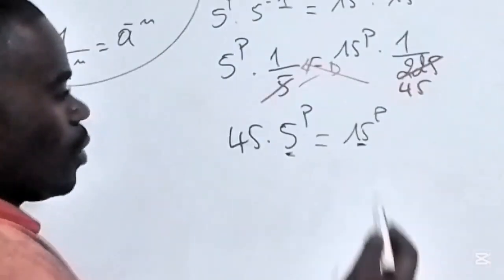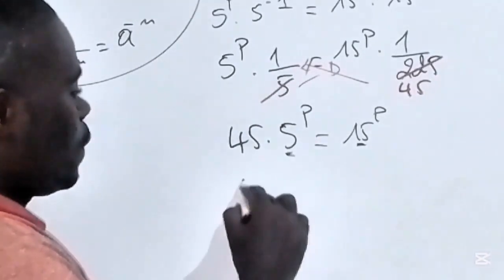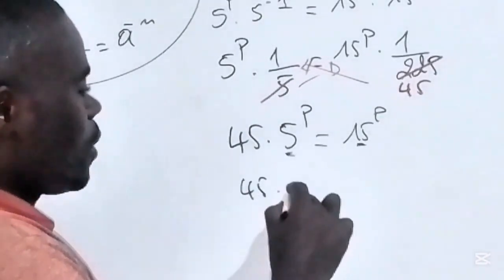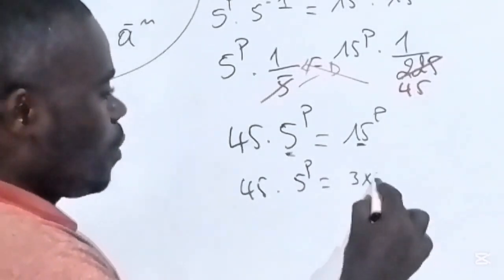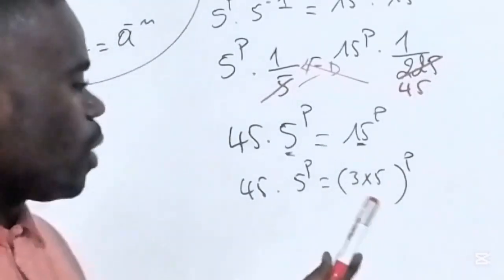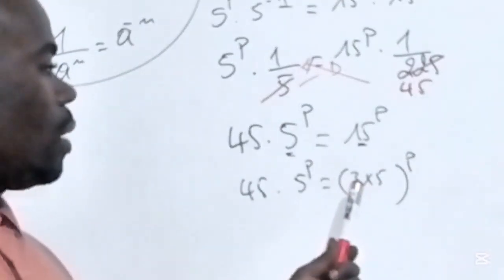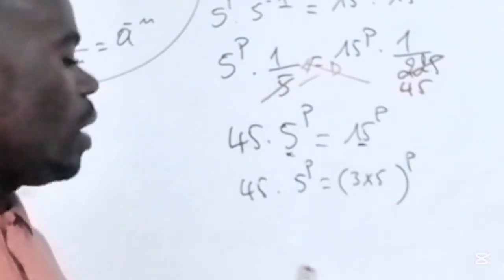And that factor automatically is a factor of 15, which is 3 times 5. This is 45 times 5 power p, which is equal to 3 times 5, then power p. So from the properties of exponent, we have the multiplication of two bases with the same power.